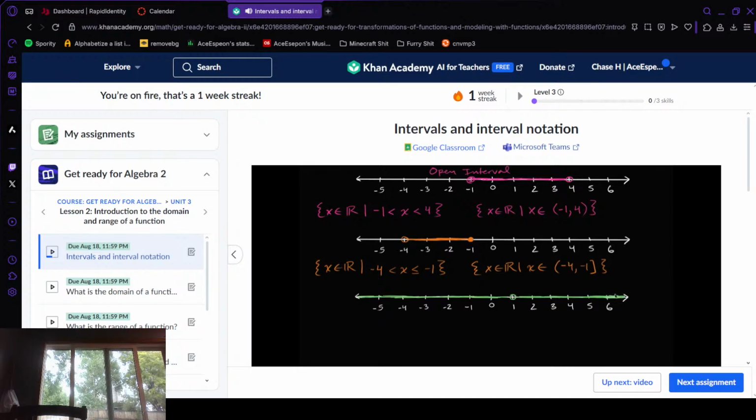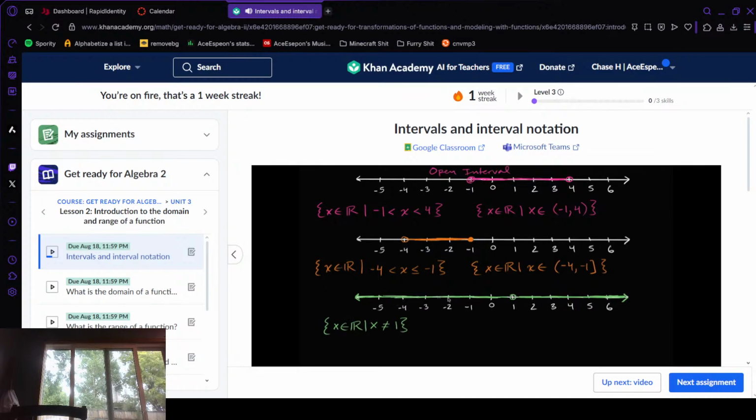So how would we denote this? Well, we could write x is a member of the real numbers such that x does not equal 1. So here I'm saying, look, x can be a member of the real numbers, but x cannot be equal to 1. It can be anything else, but it cannot be equal to 1.